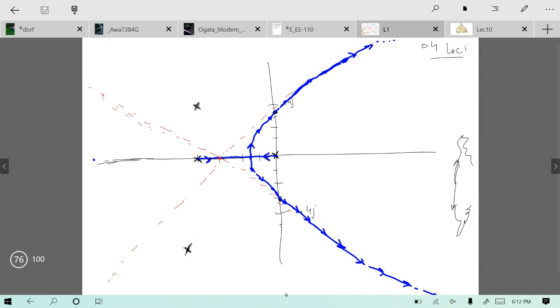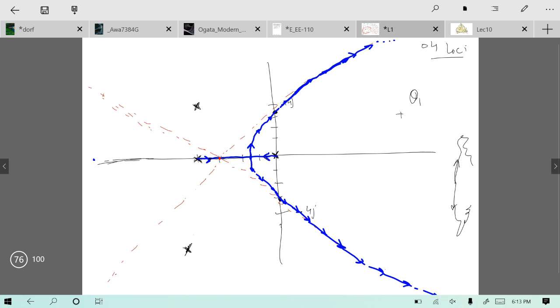If you want to find the angle of departure of this pole, say the angle of departure is theta 1. Then theta 1 plus the angle that this pole subtends to this, and the angle that this pole subtends to this.